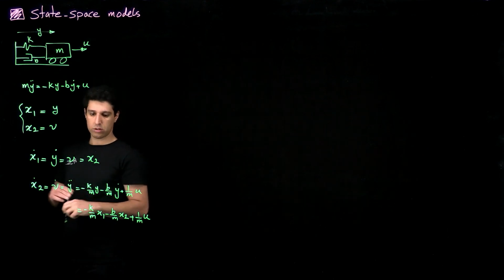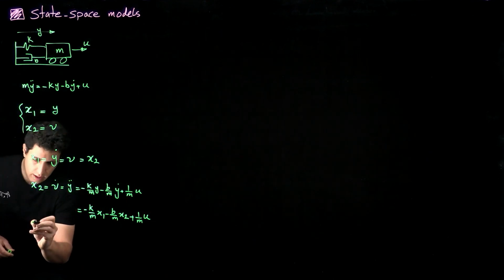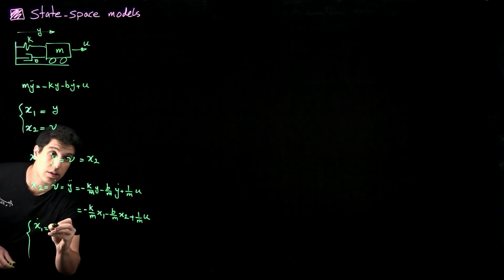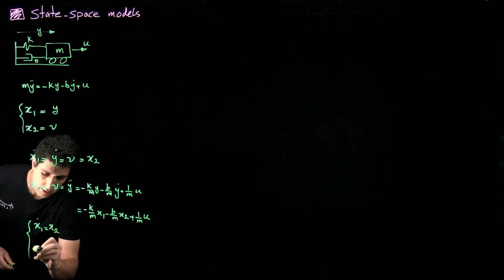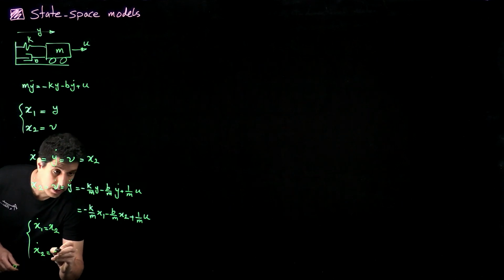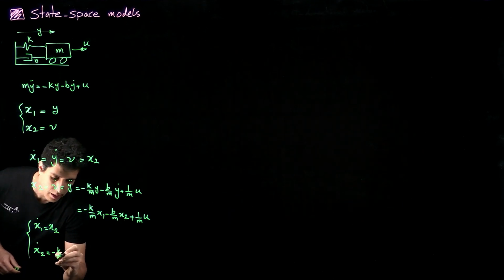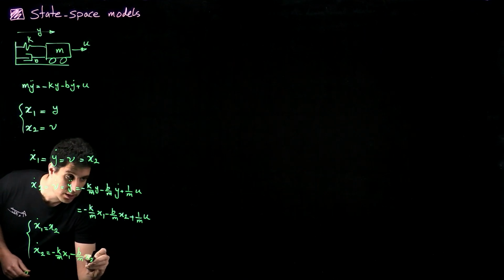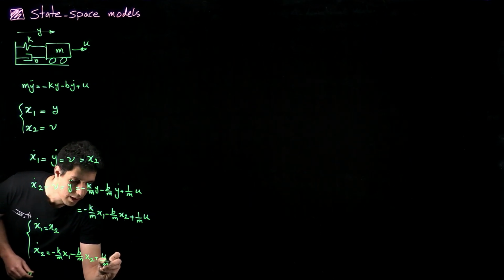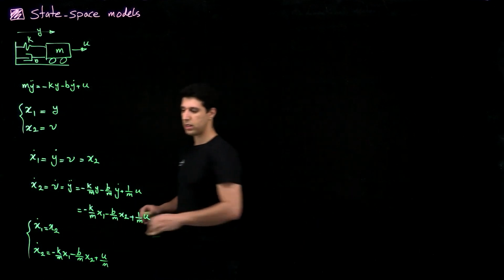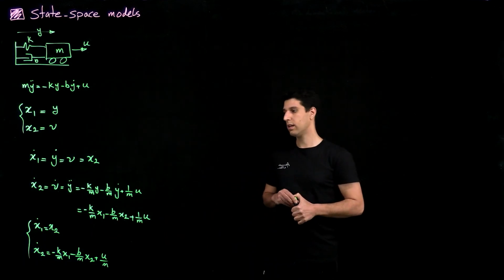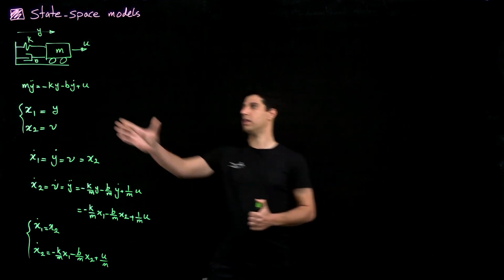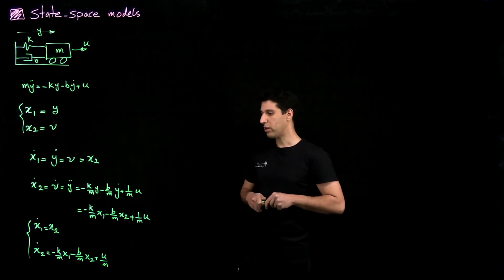So to make this a little nicer, x dot 1 is x2, x dot 2 is minus k over m x1 minus b over m x2 plus u over m. So these are the state space equations for this cart and pendulum system.